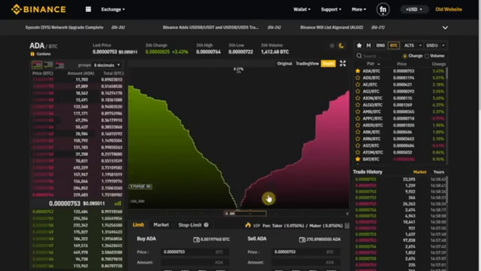A way you can use this, the price should have been here. Well, anyways, let's say you want to sell and you're looking for the best place to put your sell order. Let's imagine that the price is showing up here.